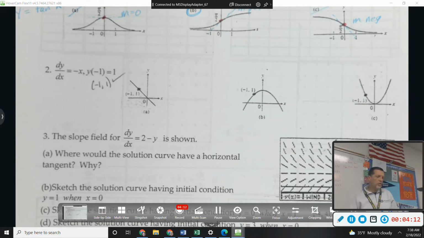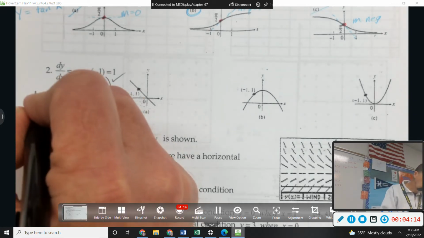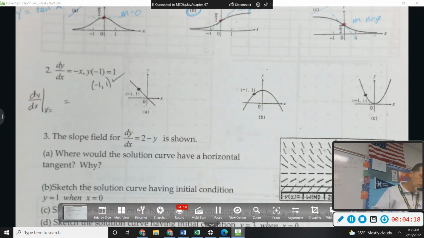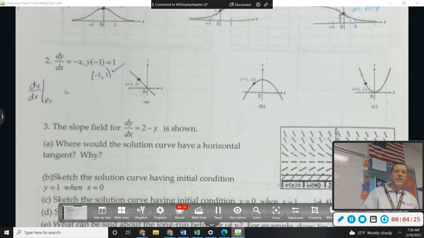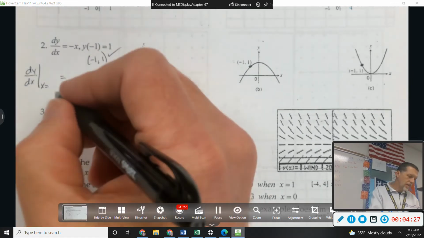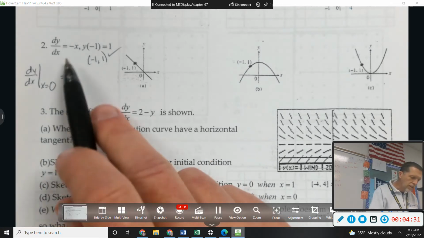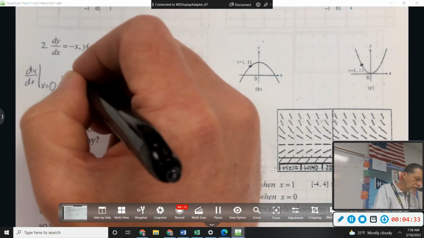Where do you think we should try a slope for number 2? What x value? No takers? I'd probably try 0 again. So if I plug in 0, the slope is negative 0, which is 0.